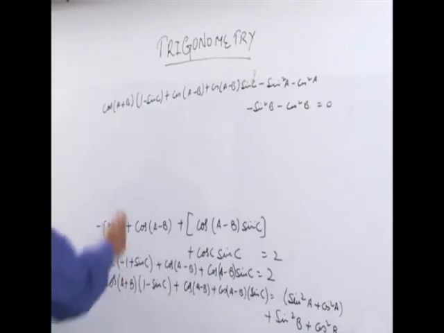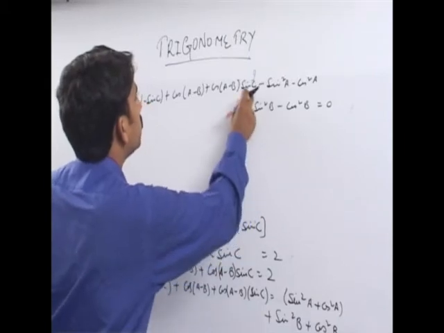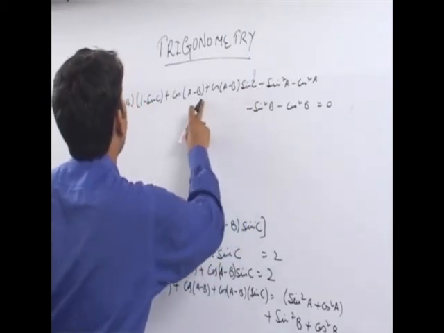Now this is sin C and this is cos (A plus B).